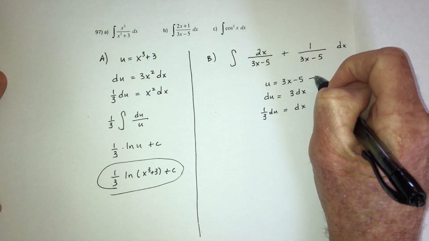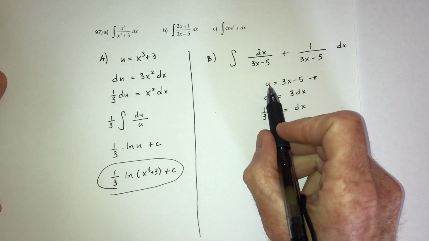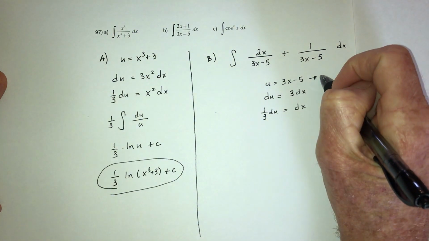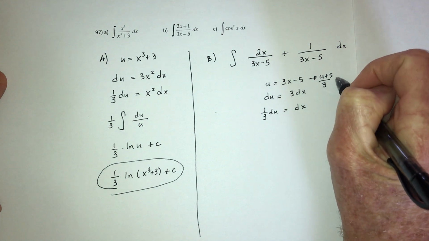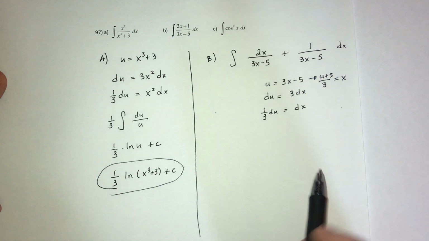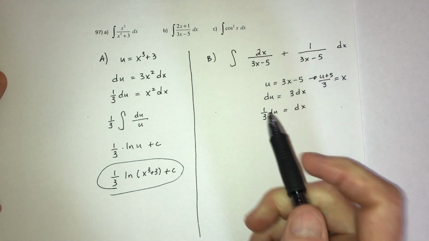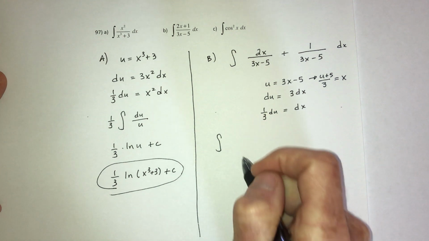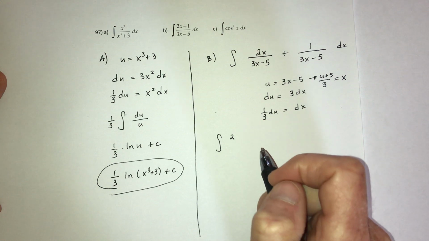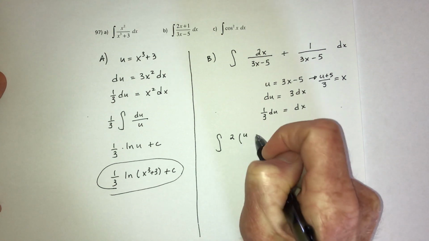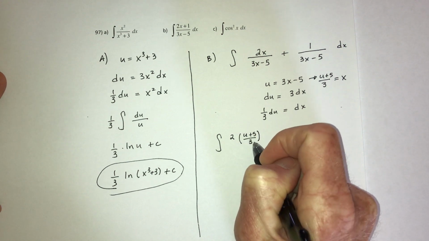Well, if you go right here and do a little bit of algebra, you could add 5, and then you could divide by 3. So u plus 5 divided by 3, that is what x equals. So this one's going to require a little more work because of that. So the first one would look like 2 times x, and then x gets replaced with u plus 5 over 3.